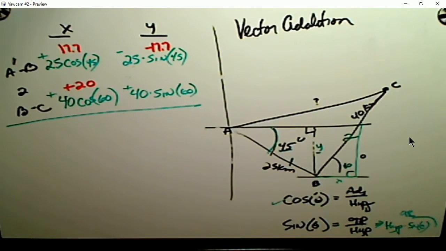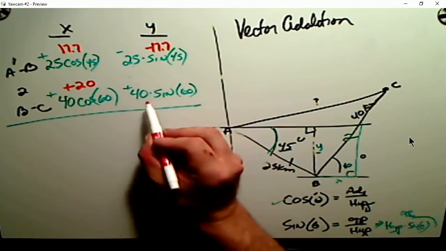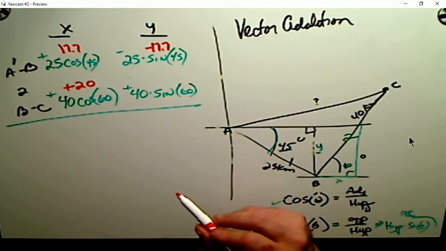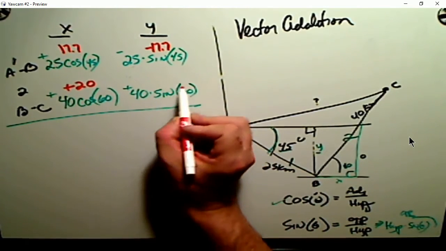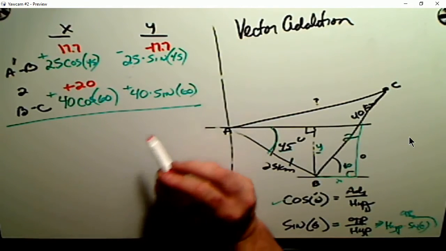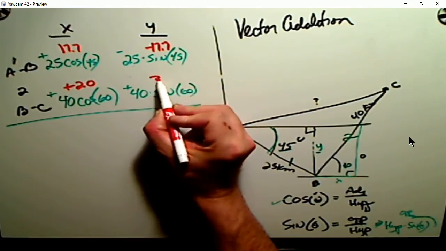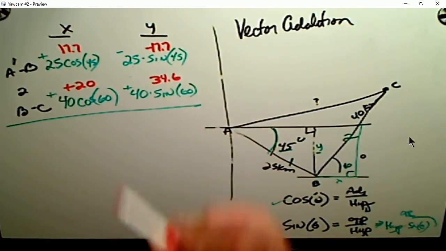And 40 times sine of 60, 86.6, sine of 60 times 40 gives me 34.6.